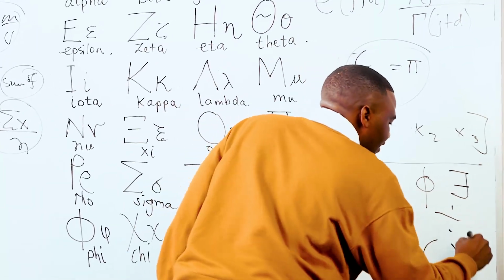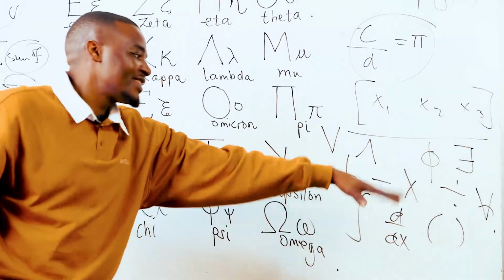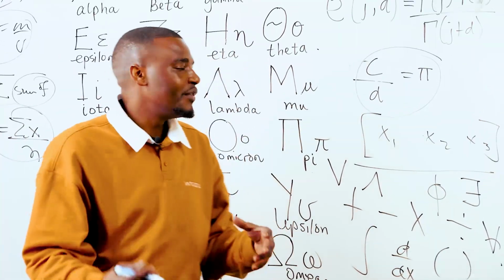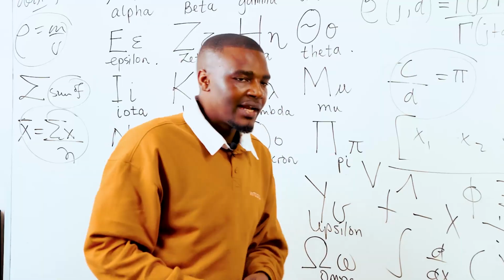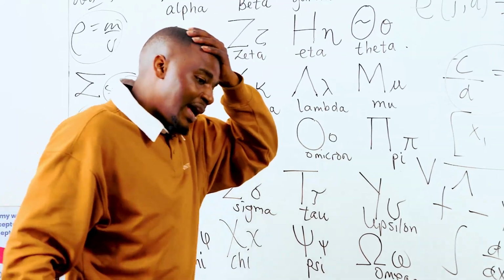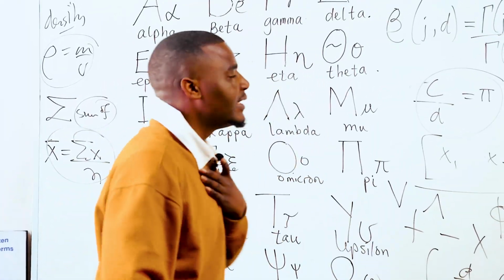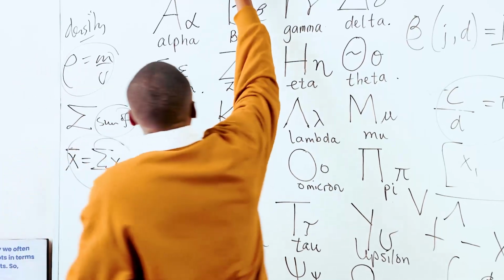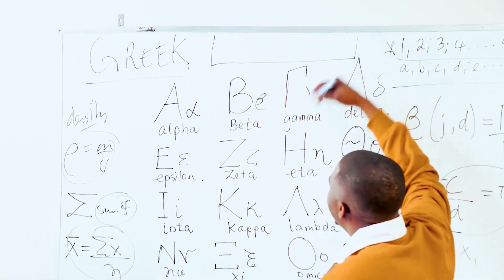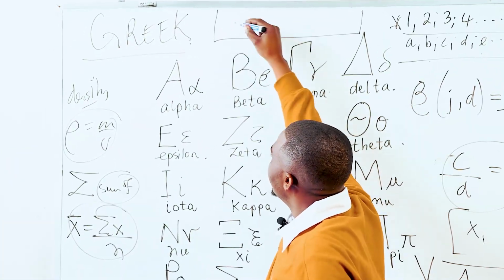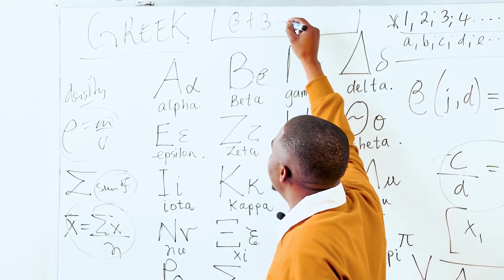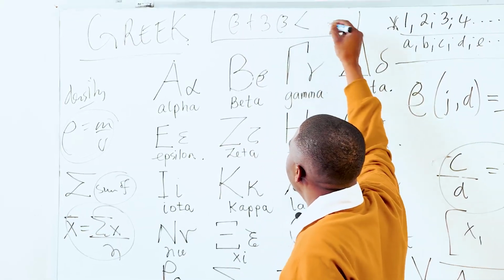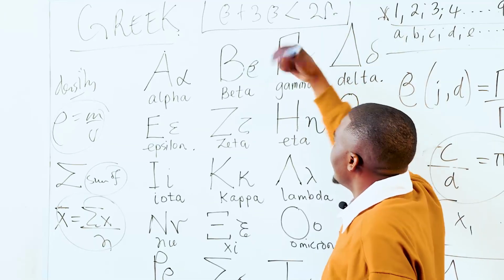All these other connectors, we also need to know them so that we'll be able to create a story within this line. For example, I can create my story and say, beta plus 3 beta is less than 2 gamma.